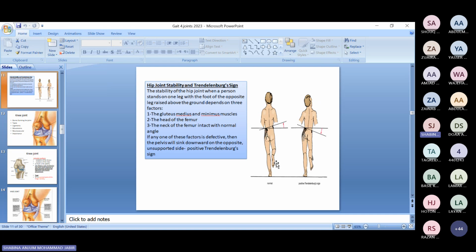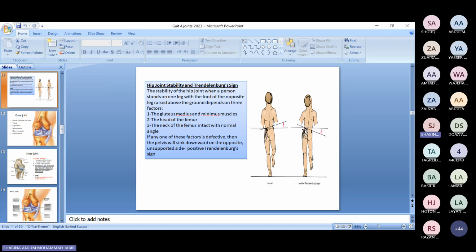This we have already seen in the last lecture: the Trendelenburg sign depends on the gluteus medius and minimus muscles. The action of the gluteus medius and minimus is the stabilization of the hip during walking.